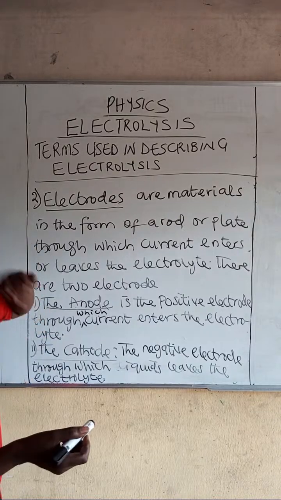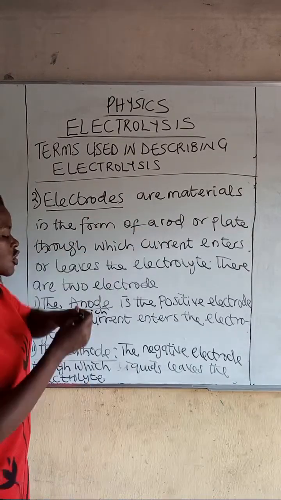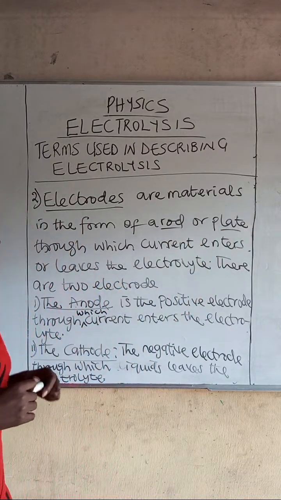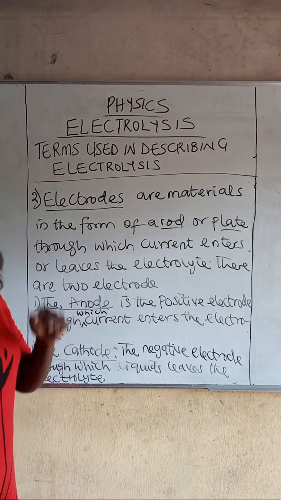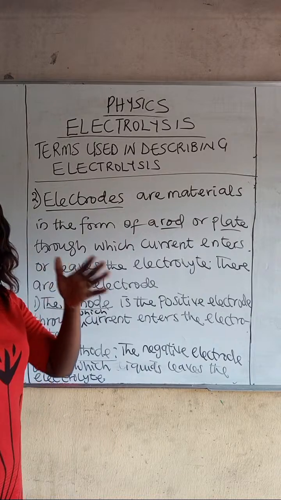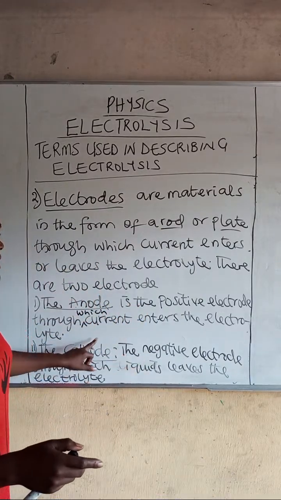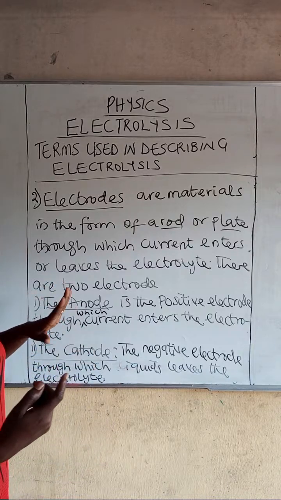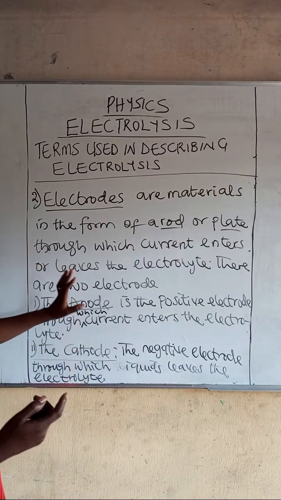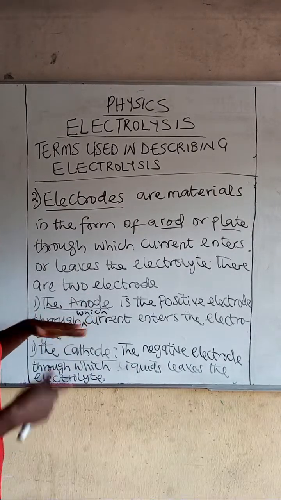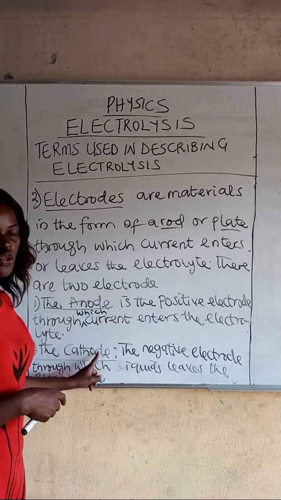Let me explain. This must be in the form of what? A rod or plate for it to be classified as an electrode. And once it is classified as an electrode, in a system, we must have anode and what? Cathode, right? Now, the current enters the electrolyte through the anode, and leaves the electrolyte through the cathode.